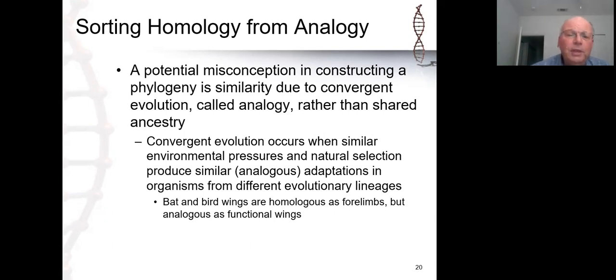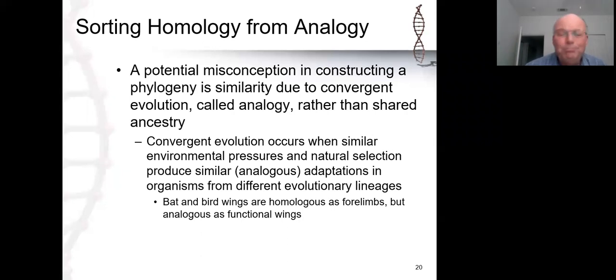So if you're thinking in terms of forelimbs, well, a bat and a bird are both terrestrial tetrapods. So they're both terrestrial tetrapods, and all terrestrial tetrapods share a common feature: four limbs, two associated with the collarbone or the pectoral girdle, and two hind limbs associated with the pelvic girdle.